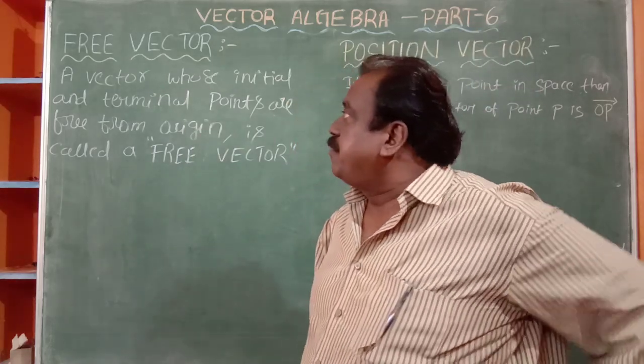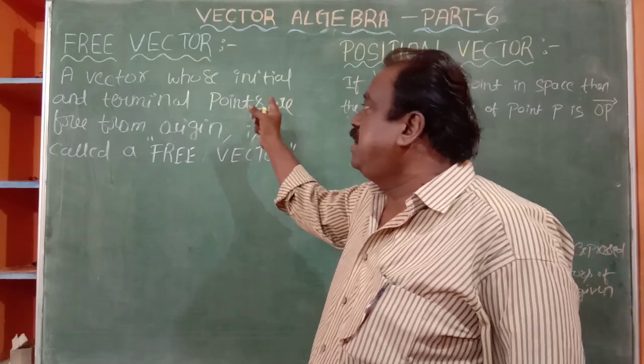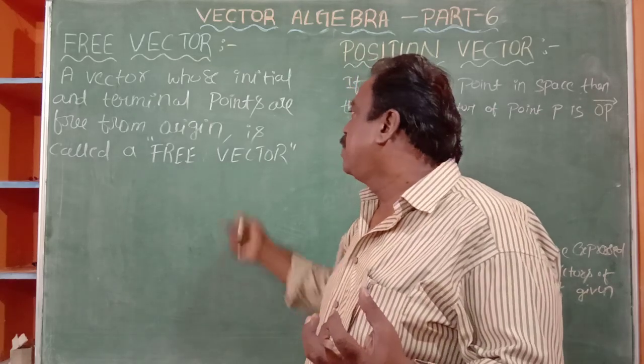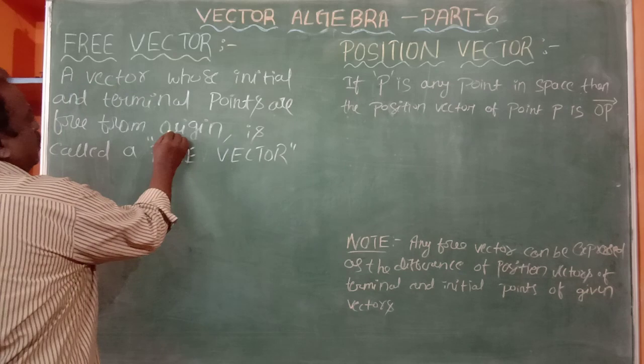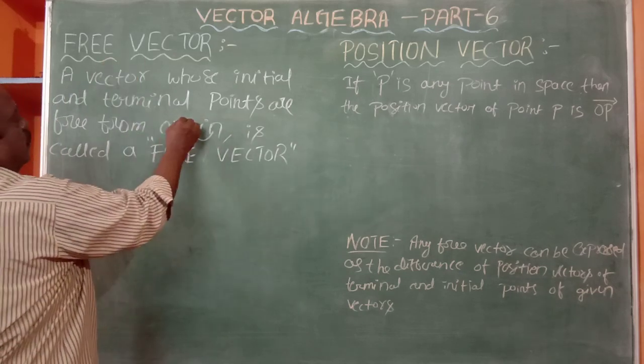Now, very clearly we will discuss. A free vector is a vector whose initial and terminal points are free from the origin. This is important: it is free from the origin.